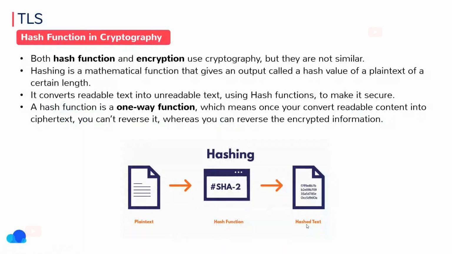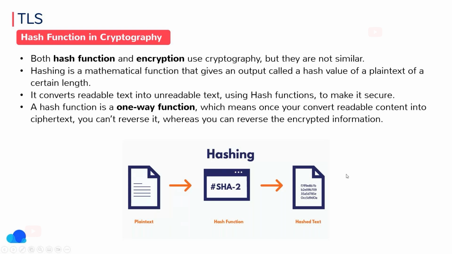So both hashing and encryption come under cryptography, but here hashing is not a method of encrypting and decrypting the data, but it is a method of storing the data.